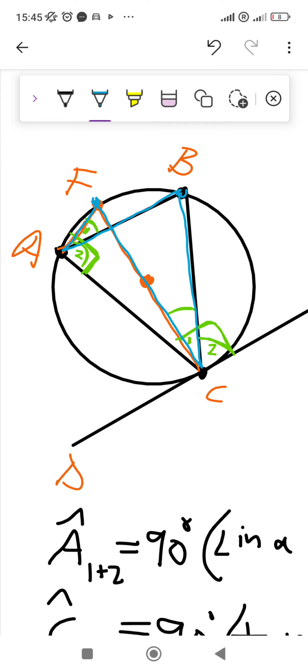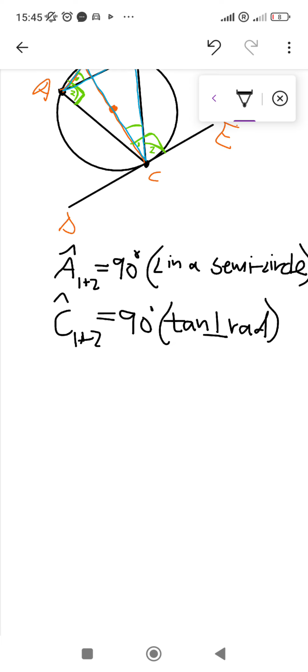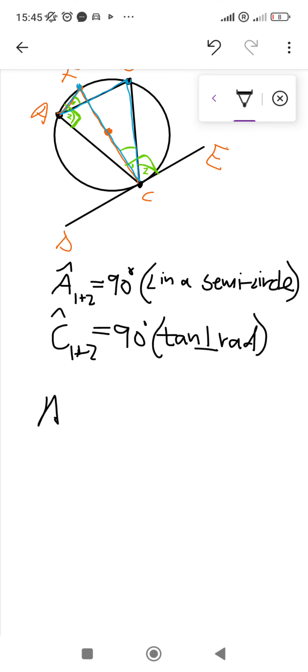Okay, so what we are going to say is that A1 is equal to C1. What is our reason for that? Angles in the same segment.